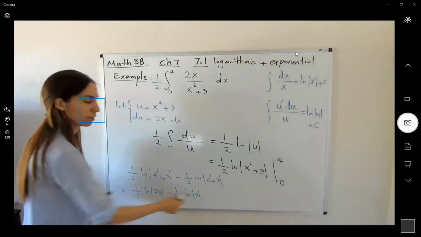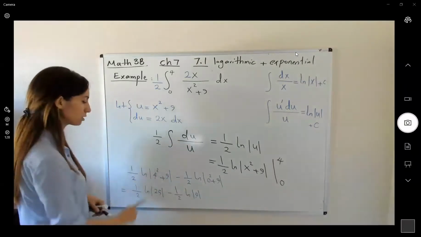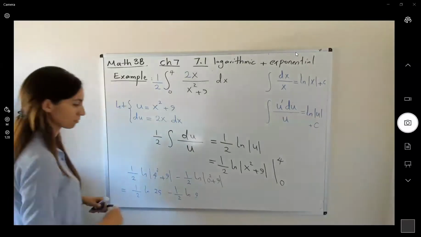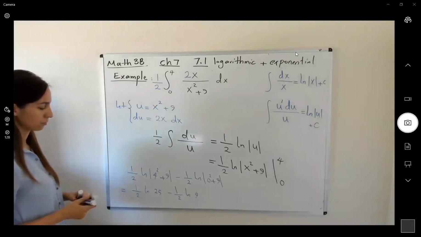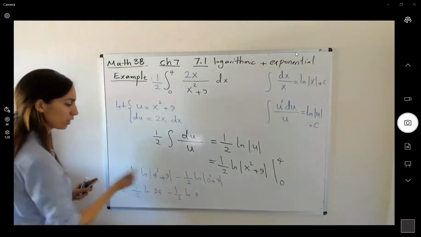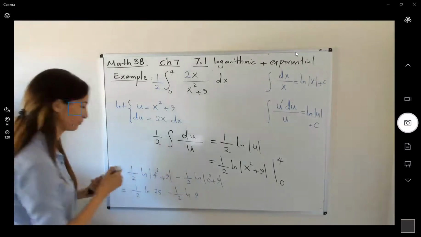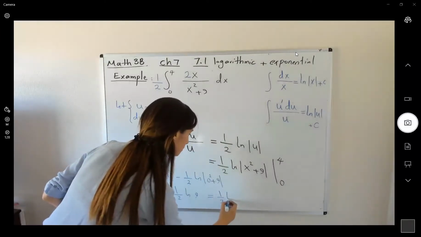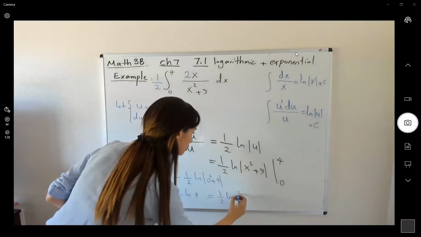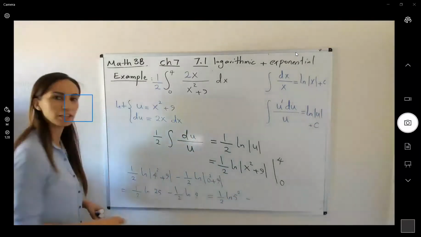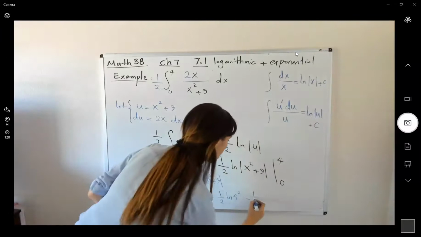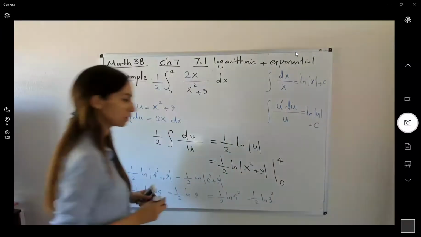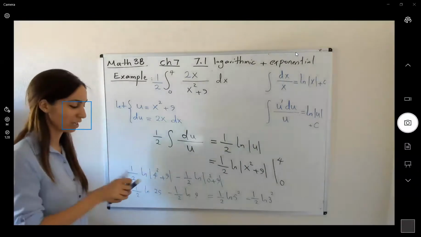Since 25 and 9 are both positive numbers, we can just get rid of absolute value. Well, 25 is 5 squared. You have a half ln of 5 squared minus a half ln of 3 squared. Remember the property of ln.